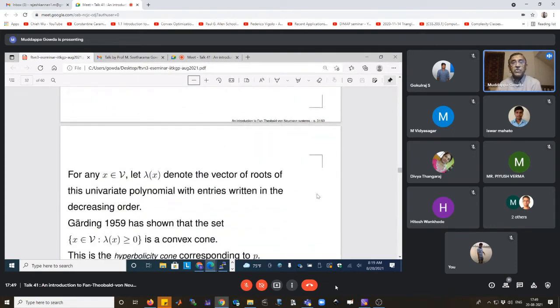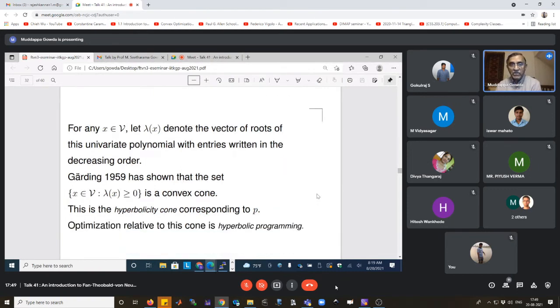Now, once you know that the roots are real, for any x in V, let lambda(x) denote the vector of roots of this univariate polynomial with entries written in decreasing order. So, depending on the degree of this polynomial p, this lambda(x) belongs to an appropriate R^n. Now, Gårding shows that this set, x such that lambda(x) is greater than or equal to 0, is a convex cone.